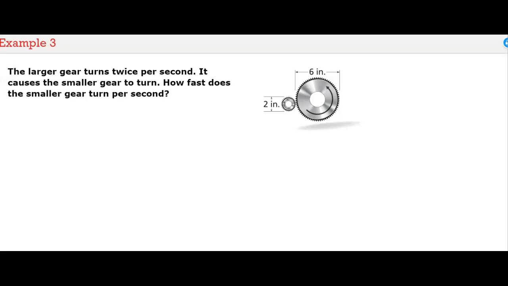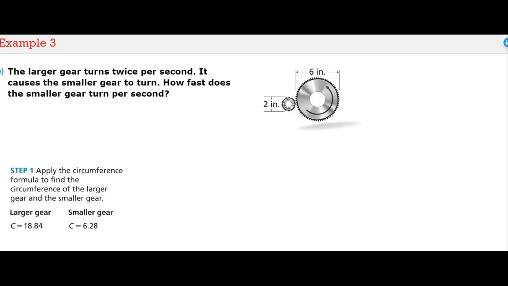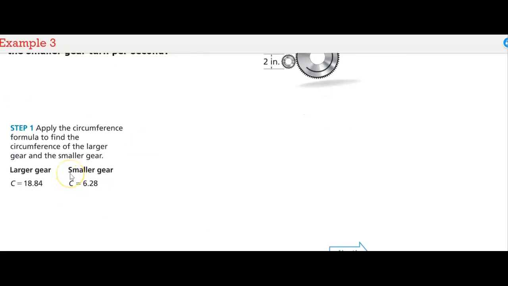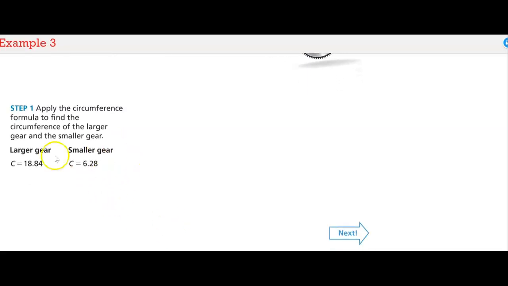The larger gear turns twice per second. It causes the smaller gear to turn. How fast does the smaller gear turn per second? Step 1, apply the circumference formula to find the circumference of the larger gear. So we have the larger gear and smaller gear.